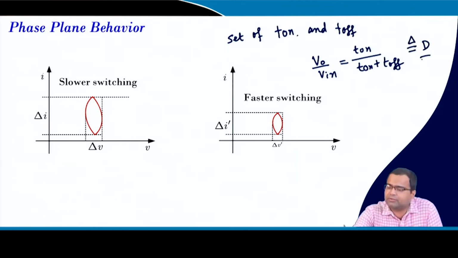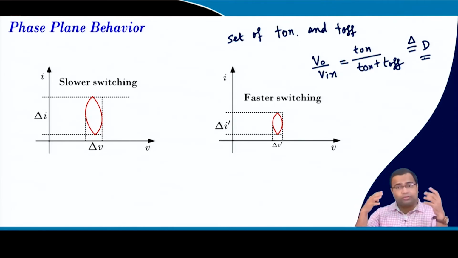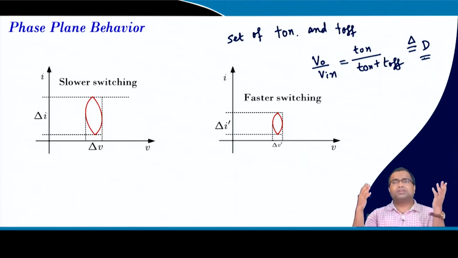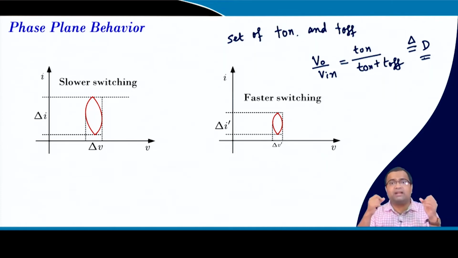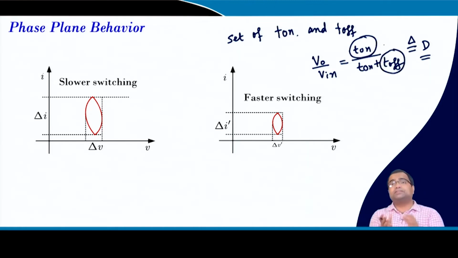We have discussed that the ideal duty ratio makes sense for an ideal converter, but in reality converters are practical, and the practical duty ratio is a function of load resistance and equivalent resistance, which consists of DCR plus the RDS on, as we have already discussed. But for an ideal converter, the duty ratio is nothing but the ratio of the on time to the total time. You can reduce this on time, and similarly you have to reduce the off time, so that the ratio remains the same, because that will decide my regulation point.